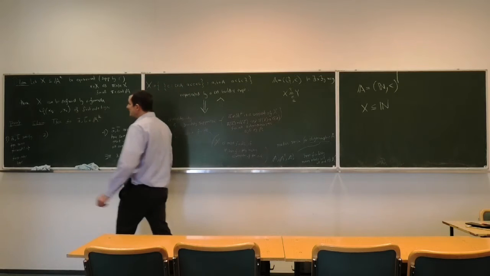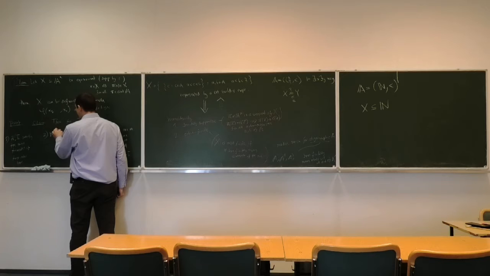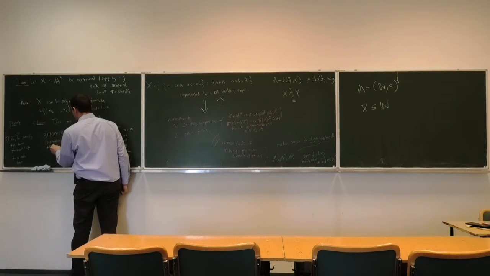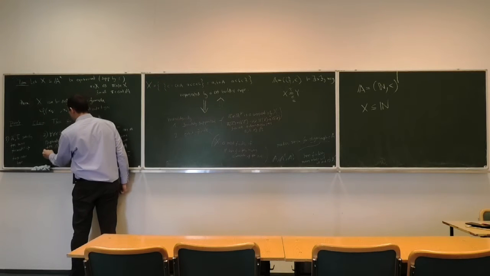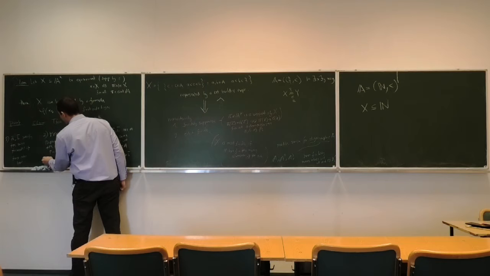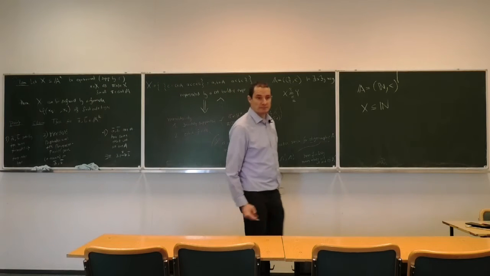Okay? So the second item is: for all r, this is a number, duplicator wins the Ehrenfeucht-Fraïssé game, the r rounds, on a, b.